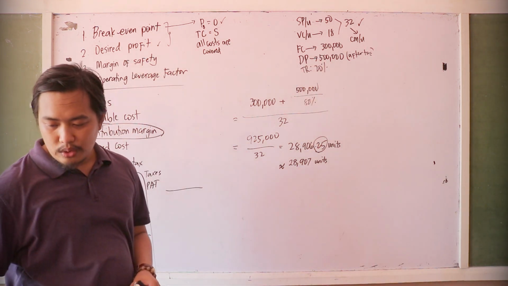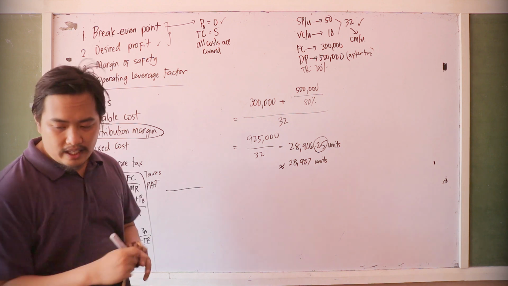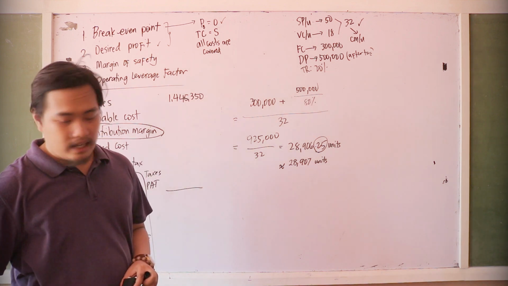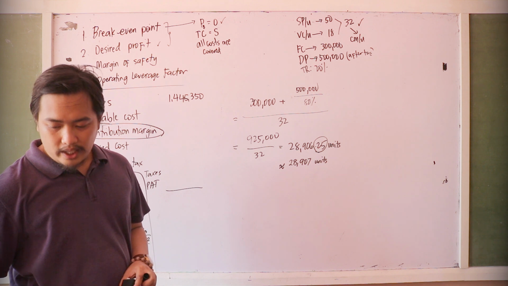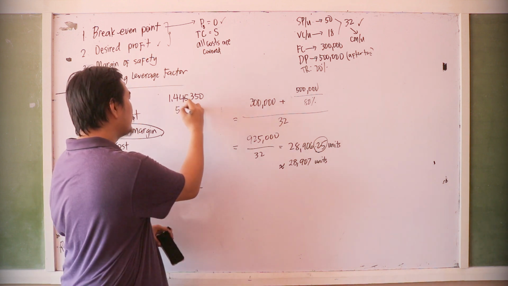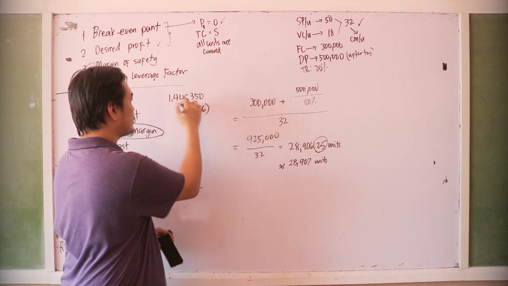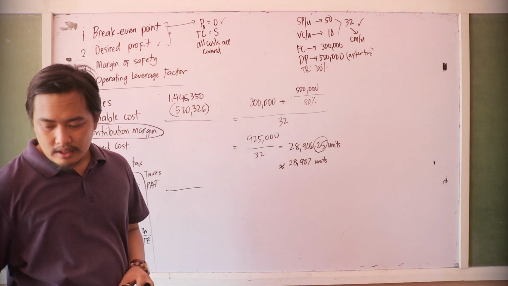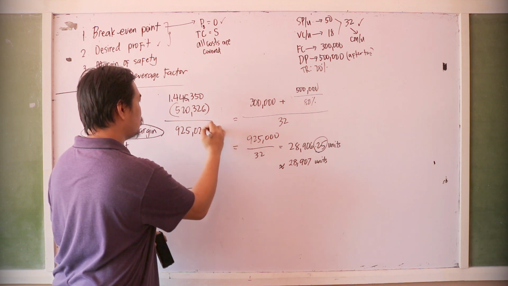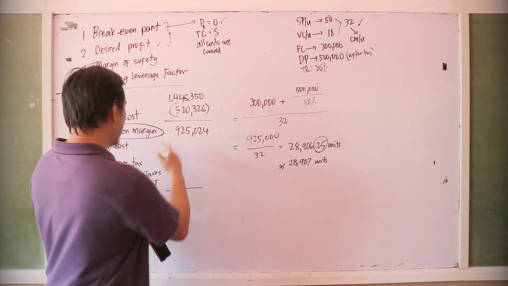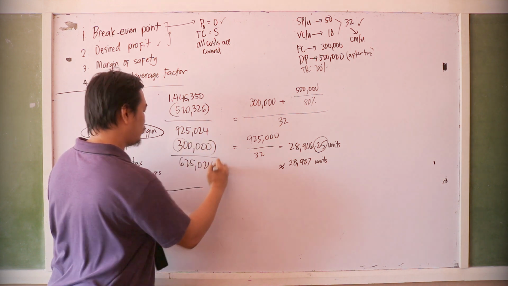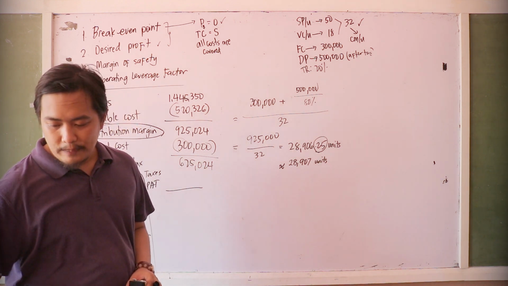So, 28,907 times 50. Ang sales natin will be 1,445,350. And then, ang ating 28,907 times 18, yung variable cost natin is 520,326. And then, ang lalabas dyan, pag pinag-subtract mo, 925,024. 925,024 less your fixed cost natin na 300,000, that would be 625,024. 625,024 times 0.2.